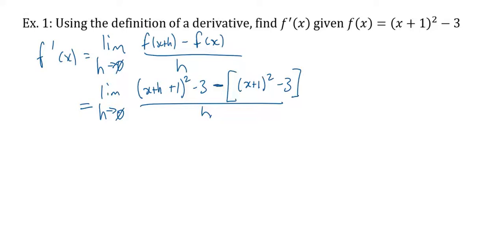I would just look at it as, it's going to be x times x, which is x squared, and then x times h, and then x times 1, and then h times x, h times h, h times 1, and then 1 times x, 1 times h, 1 times 1. Minus 3, minus, I'm going to expand this bracket, and then plus 3.